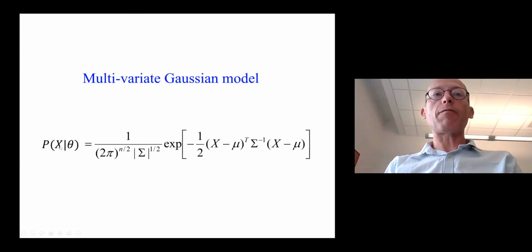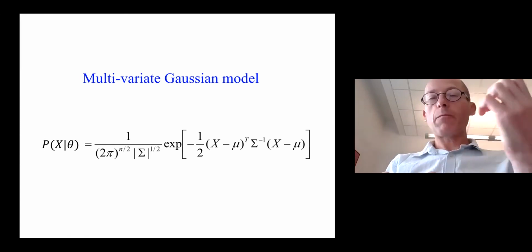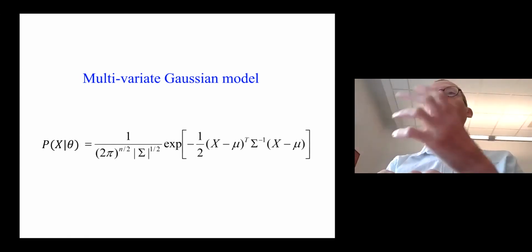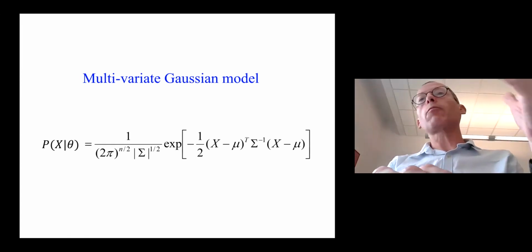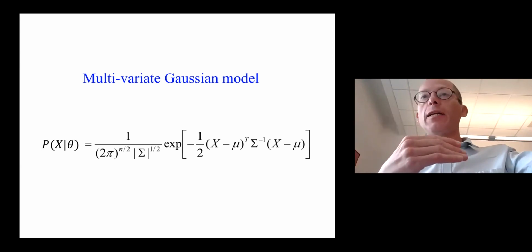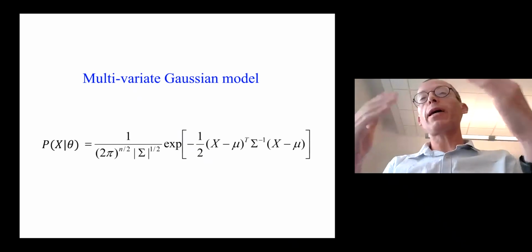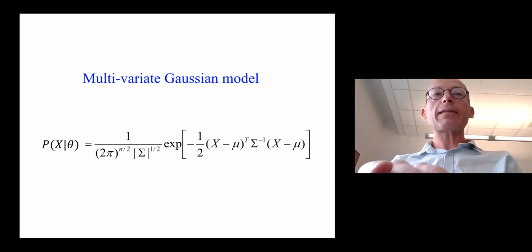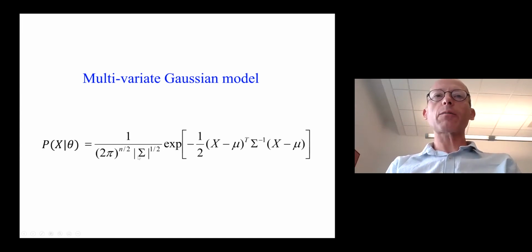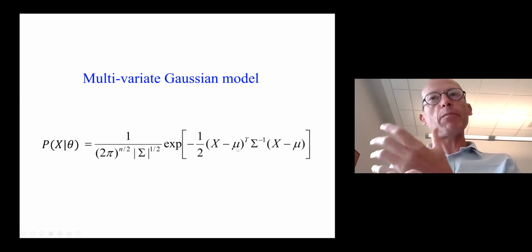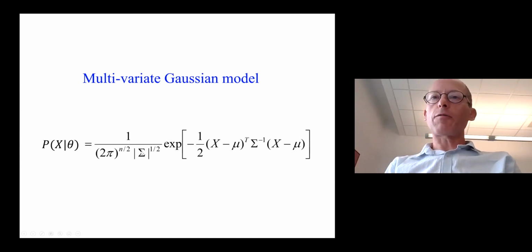If you give me the values of X, you can compute the probability that you will see someone with a very high GPA that sleeps very little. And similarly, the probability of someone with high GPA that sleeps a lot, and so forth. This is called the Gaussian multivariate distribution. It's characterized by a mean vector in this case, and a covariance matrix.